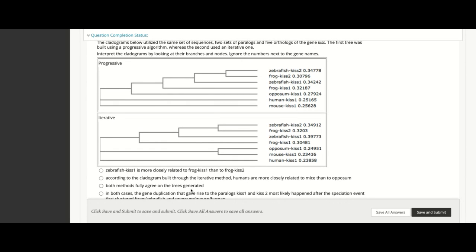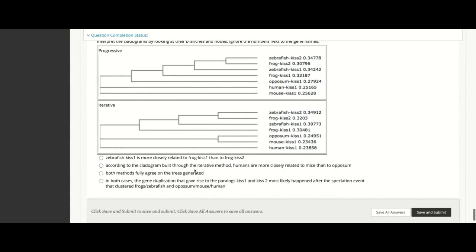Both methods fully agree on the trees generated. You know it's not true because in this case, these two are more closely related. And then in here, the opossum is more closely related to all these other ones than to mice. So they don't agree. And by exclusion, you can say that this is the one that is true.